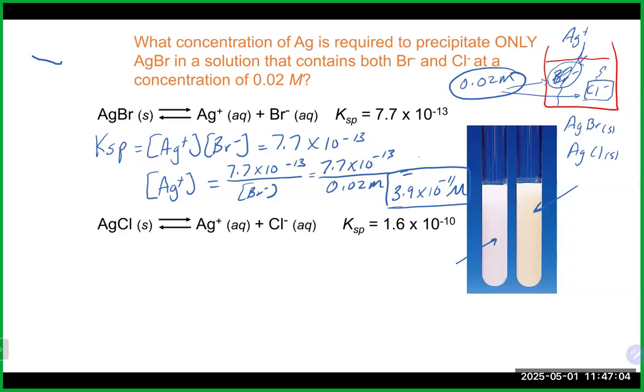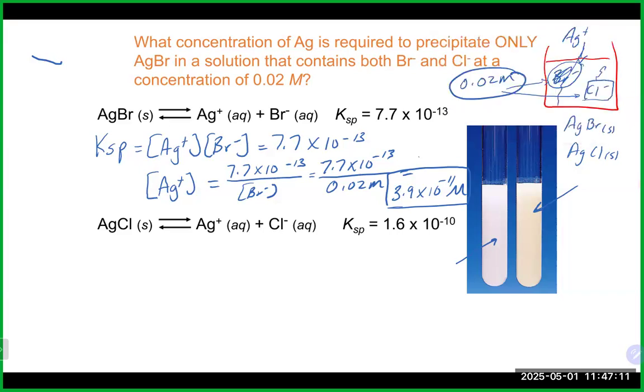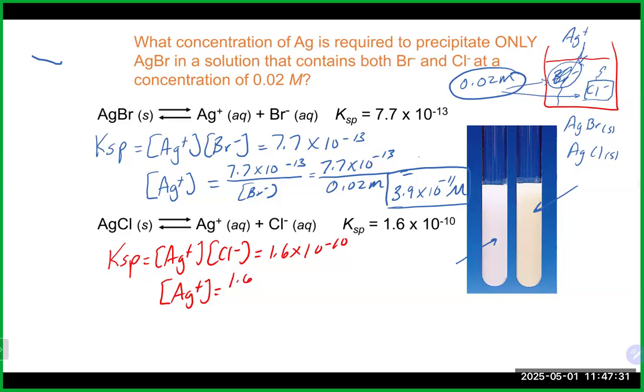We could then do really the same calculation for our silver chloride to figure out the actual concentration of silver we need to see the chloride precipitate out. We again can use our KSP expression. The silver and the chloride concentrations multiplied equal 1.6 times 10 to the minus 10. Once again, we can solve for silver, which gives us our KSP divided by our chloride concentration, and in this case it happens to be the same molarity.